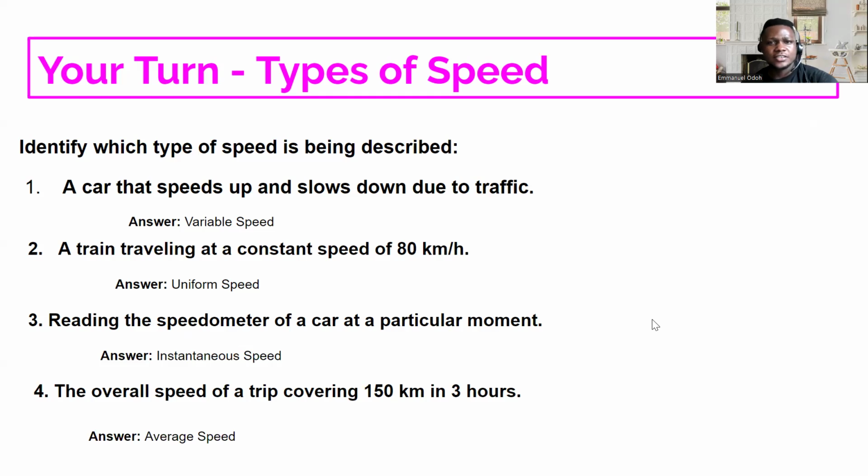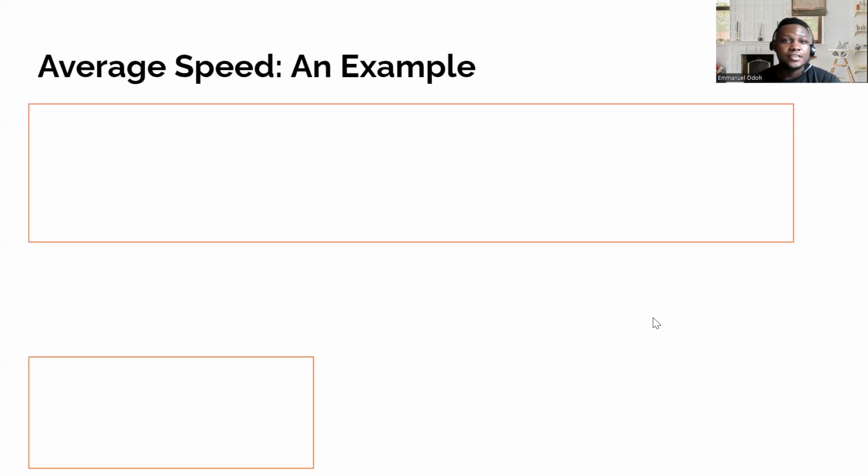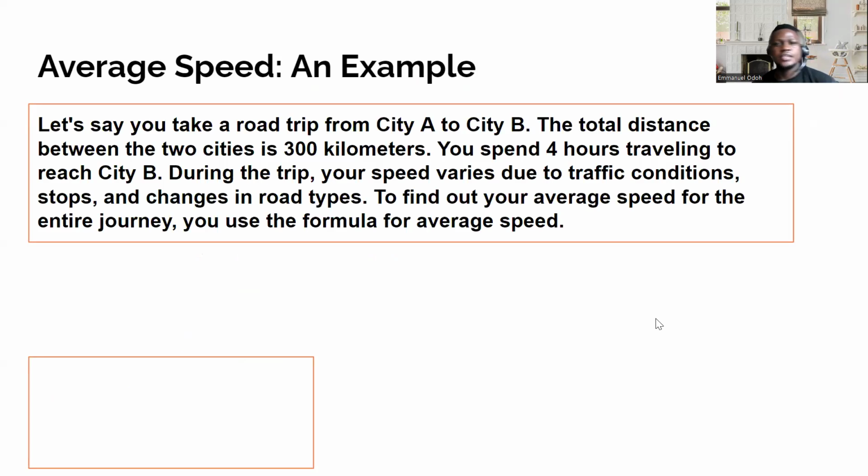So we'll move to the next concept and look at an example of how we solve average speed. Let's say you take a trip from city A to city B. The total distance between the two cities is 300 kilometers. You spend 4 hours traveling to city B. During this trip, your speed varies due to traffic conditions, stops, and challenges in road types.